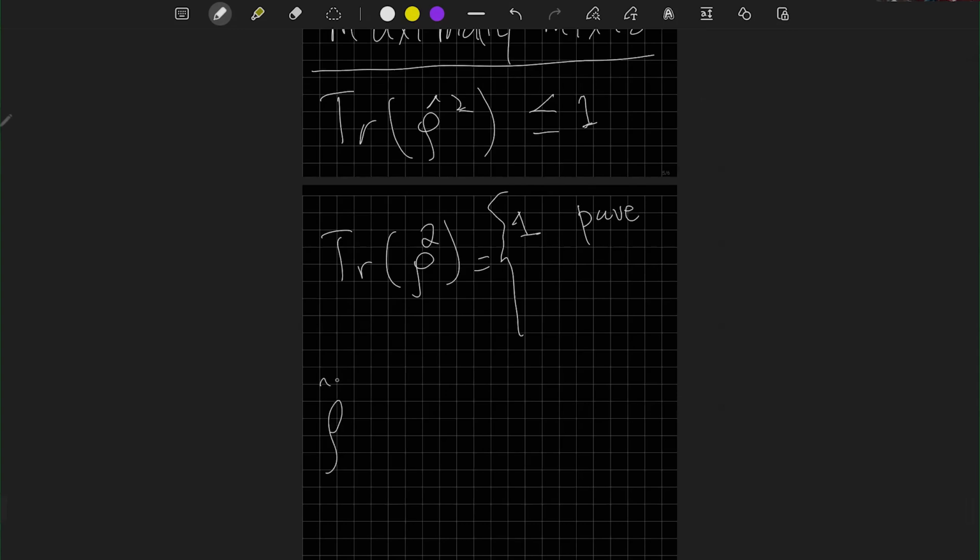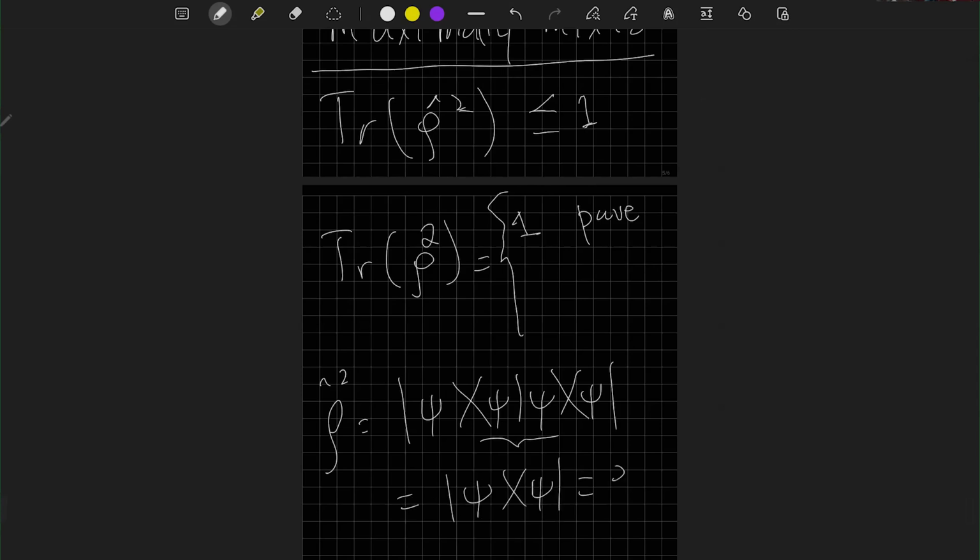Rho squared for a pure quantum state is like this. Since this middle thing is identity, you have to. And for a maximally mixed state, this is 1 over the dimensionality of the system. If you're talking about n qubits, 1 over 2 to the n, and so on.